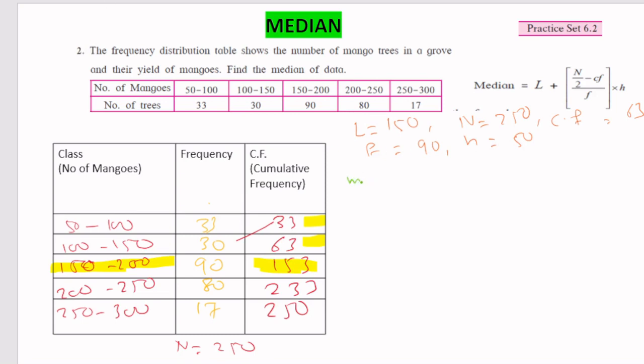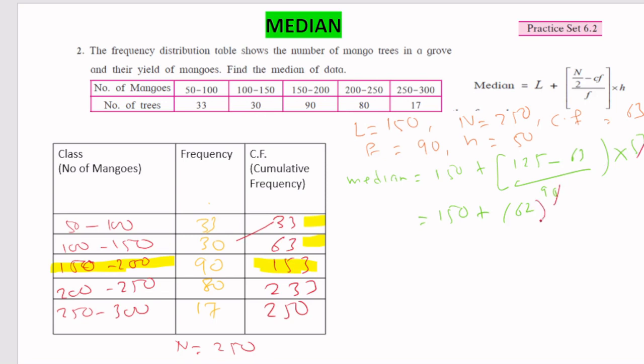What is your formula? Median is equal to L plus, what is L? 150, plus n by 2. So n is what? 250 divided by 2, 125, written as it is. Minus cumulative frequency 63, divided by frequency, that is 90, into 50. So 150, 125 minus 63 is 62, and the 0 here will get cancelled with this 0.